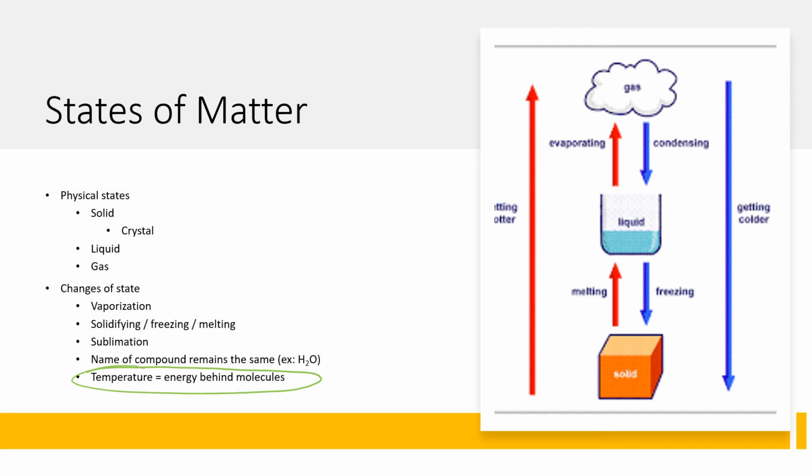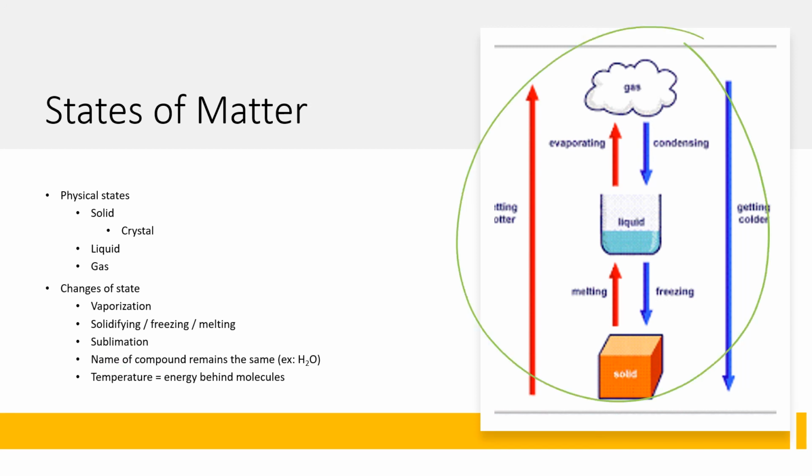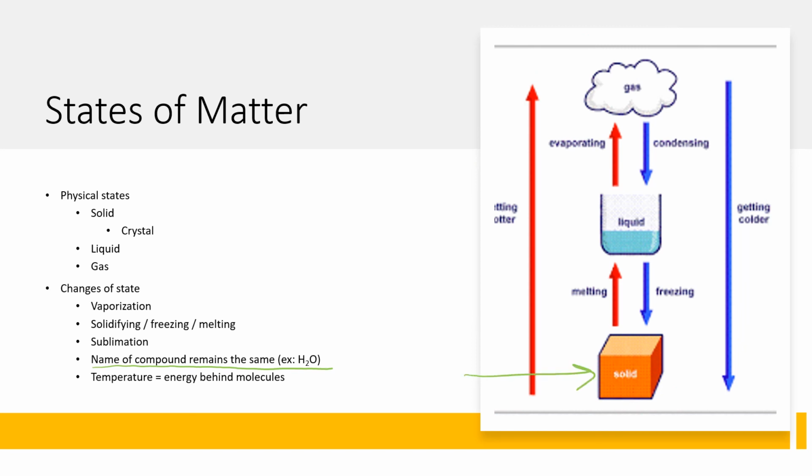So whenever we're talking about adding or subtracting energy, we can also be talking about increasing or decreasing temperature. It's important to remember that through all of these physical states, the name of the compound remains the same. Unless you add something else to it, the solid form of water is still just water, the liquid form of water is still just water, and the gas form of water is still just water.